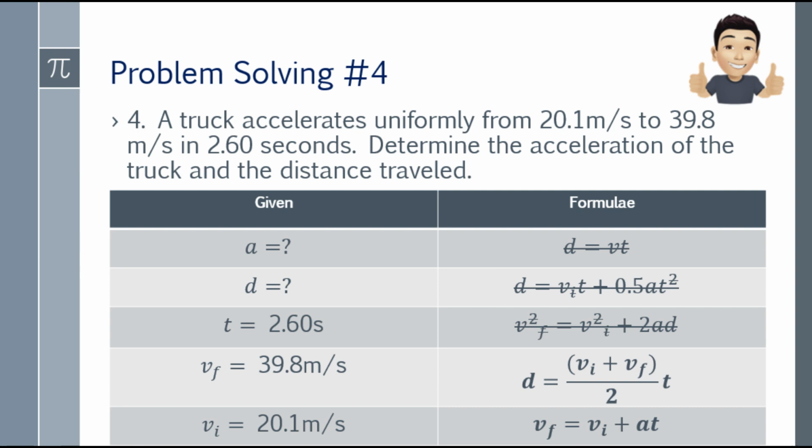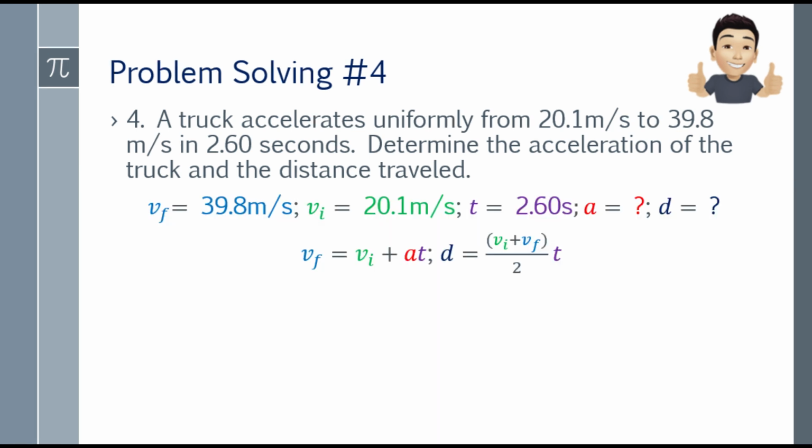And sa fourth one, we can use that one. Even wala pa yung acceleration, but we can find the displacement. And yung fifth one, pwede rin natin gamitin kahit wala yung displacement. As long, gagamitin natin yung dalawang formula. So, I'll start by finding the acceleration. So, gamitin natin yung formula na final velocity is equal to initial velocity plus acceleration times time.